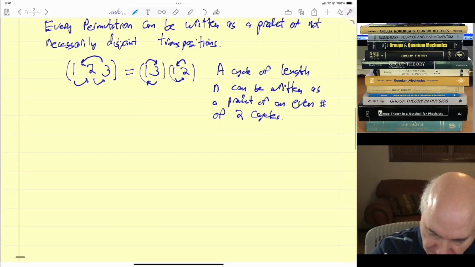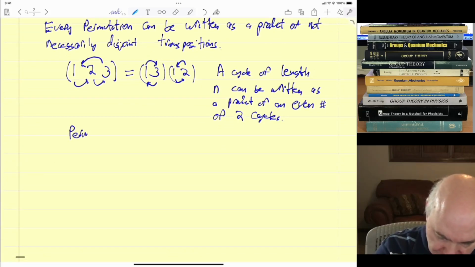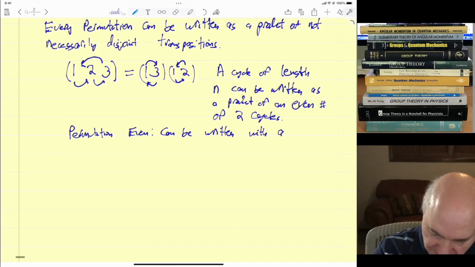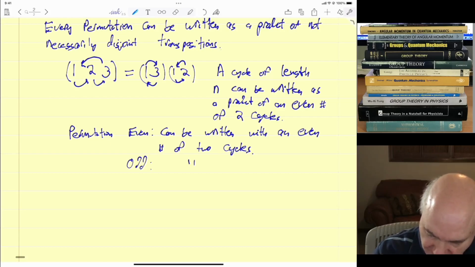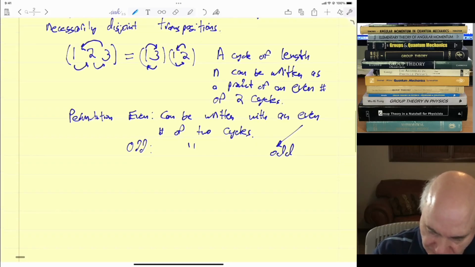So a permutation is called even if it can be written with an even number of transpositions, and likewise it's odd. Everything is the same, except this goes to odd. So this permutation is even. It's a product of two transpositions.